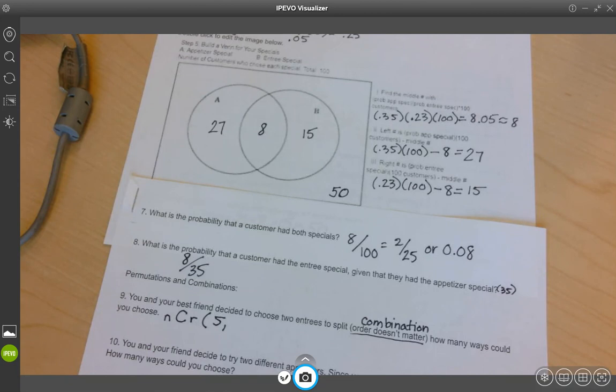You're going to choose 2. Yeah. So you don't want half the food, you just want to try 2 different things. You're going to split 2 different entrees. So it's going to be 5, 2. And I'm going to give you guys a minute to put that into Desmos. So you type little n, big C, little r, and then parentheses 5, 2.